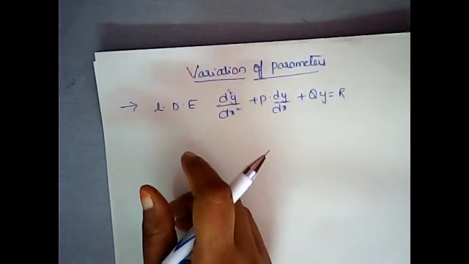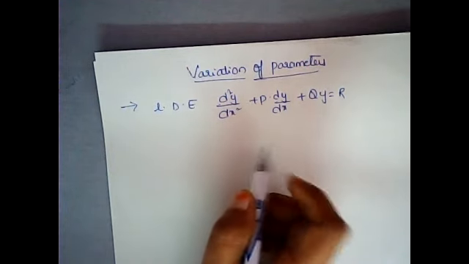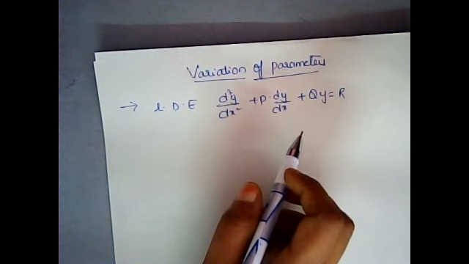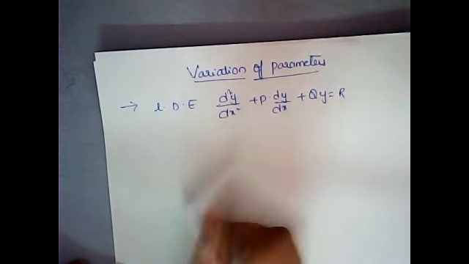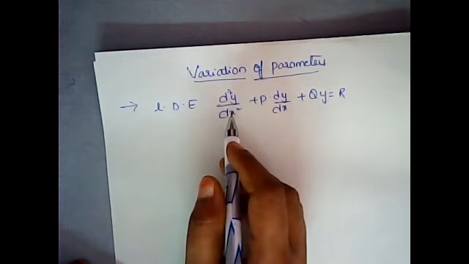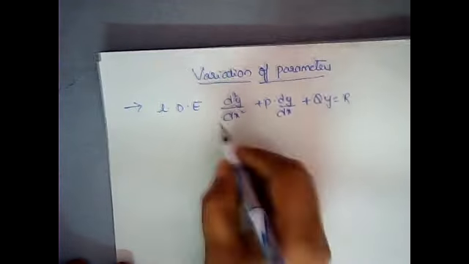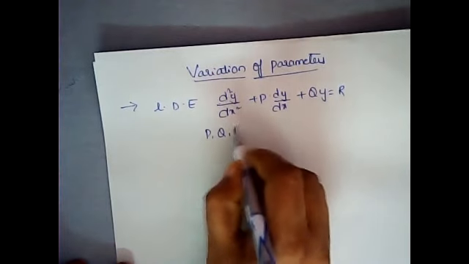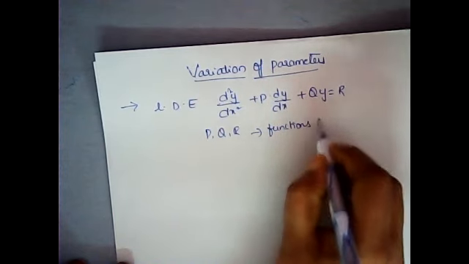If the equation was not given in this way, then you need to reduce the equation into d square y by dx square plus p into dy by dx plus qy is equal to r, where P, Q, R are the functions of x here.